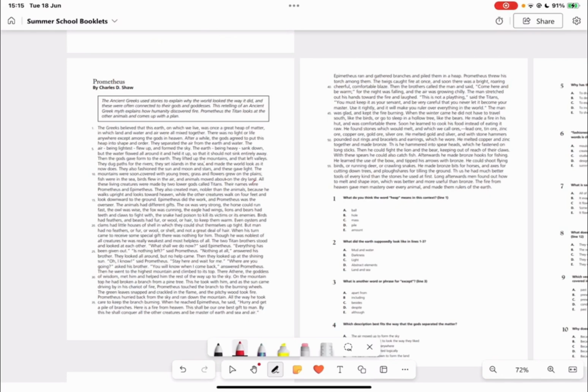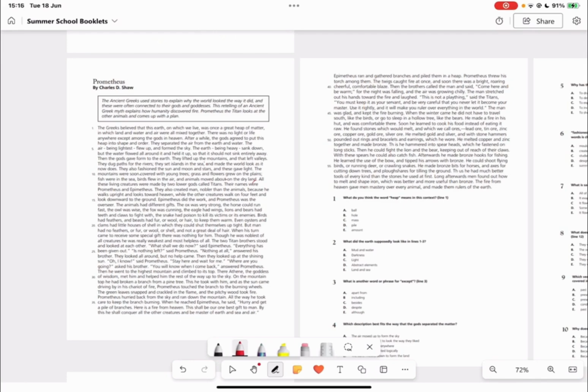Fish were in the sea, birds flew in the air, and animals moved about on the dry land. All these living creatures were made by two lower gods called Titans. Their names were Prometheus and Epimetheus. They also created man, nobler than the other creatures, because he walks upright and towards heaven, while the other creatures walk on 4 feet and look downward to the ground.